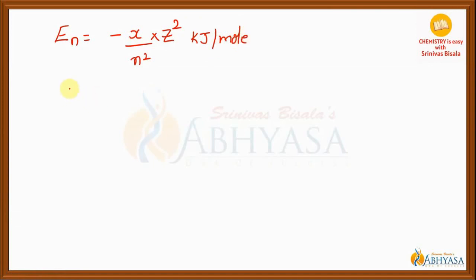So now, how will we calculate the second orbit energy? The second orbit energy is equal to minus x upon 2 square, that is 4. As for hydrogen, Z is equal to 1, I did not substitute here. Then for the third orbit, it is minus x upon 3 square, that is first orbit energy upon n square, 3 square, that is 9.